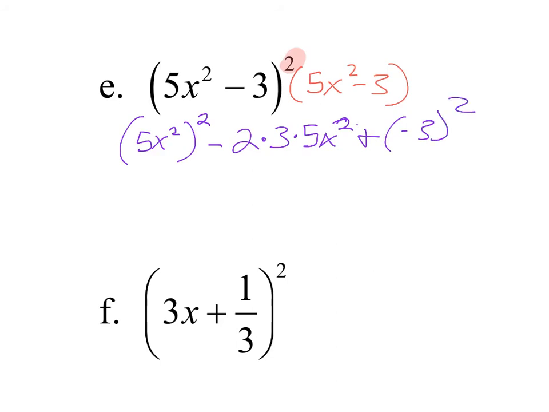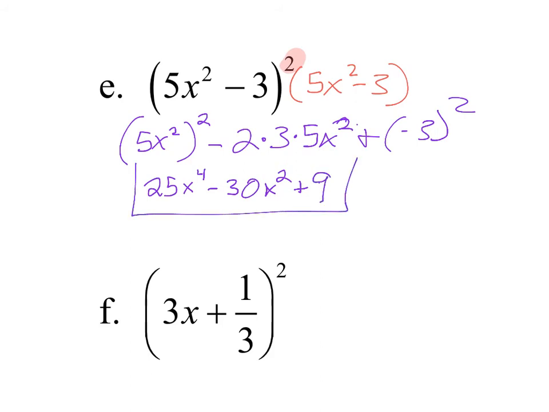So 5x squared is going to give me 25 because I square the 5, and x to the 4th because I square the x squared. Whoops. Starting to write a 2. All right, 2 times 3 is 6, times 5 is 30, so I have minus 30x squared plus negative 3 squared is 9. So this would be my final answer.